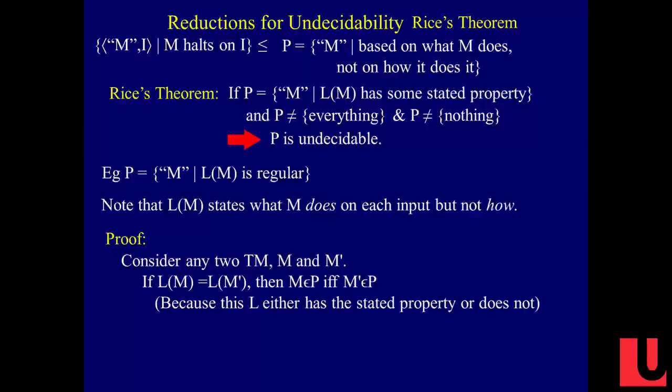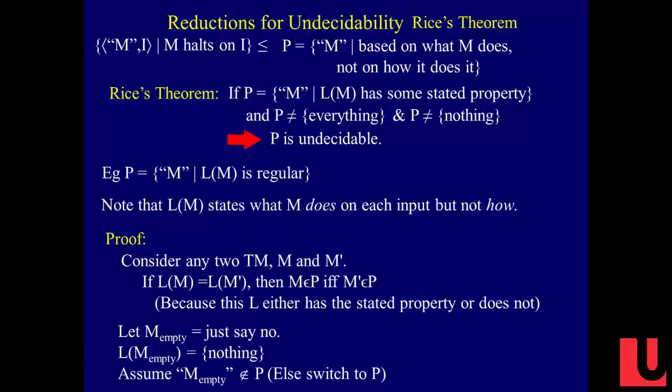If M is a yes to P, then M prime is a yes. If M's a no, then M prime is a no. Why is that? Because this language here either has the property or it doesn't. Everybody got that? So you might remember we had that kind of idea in this proof here. We're going to have Turing machines that have the same language, and hence they have the same answer.